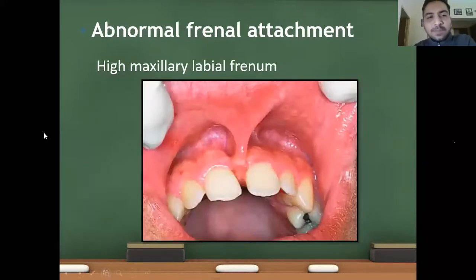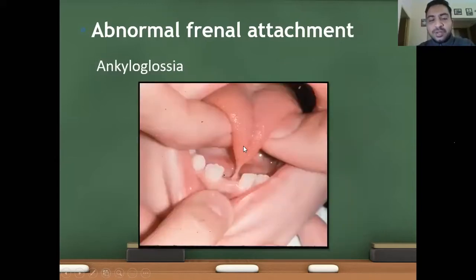Finally, we come to the abnormal frenal attachment. I think it's obvious to you, when there is high frenal attachment like this in the maxillary arch, it can lead to midline diastema. And if you can see in this case, there could be abnormal frenal attachment of the tongue also, which is known as ankyloglossia.